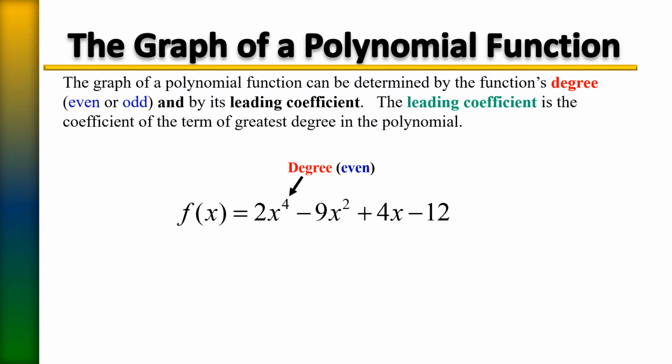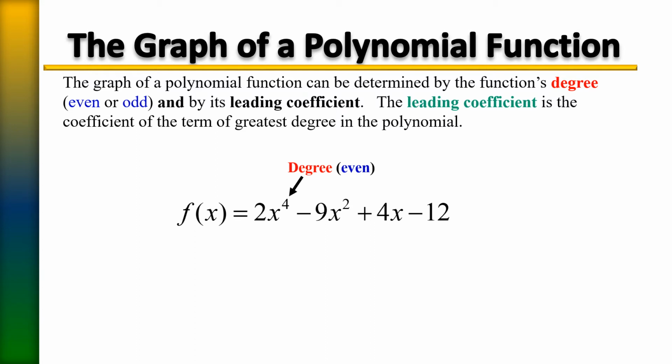And based on that, we know that even degree polynomial functions, as you will find later, are those functions where both ends will either be facing up or both ends will be facing downward. Now, what determines whether it faces upward or downward is the leading coefficient.